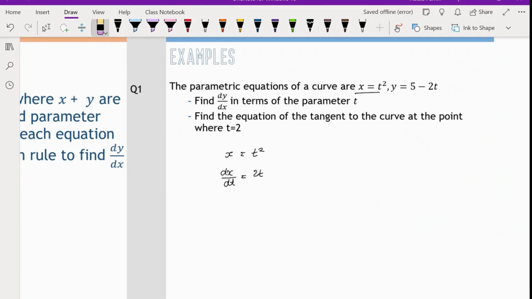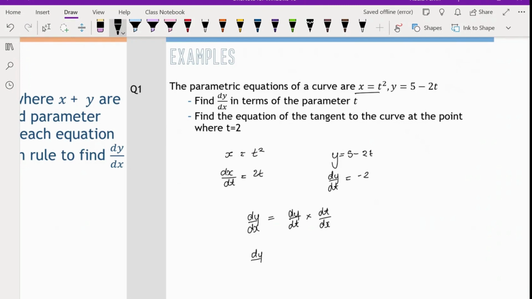So if we then look at what y is equal to, 5 minus 2t. And when we differentiate that, we'll do dy over dt, and that will equal negative 2. And if we just think about the chain rule for a moment, if we want to get dy by dx, you're always going to have dy on the top and dx on the bottom, and hopefully another parameter which is the same on either side, okay, which makes dt cancel out.